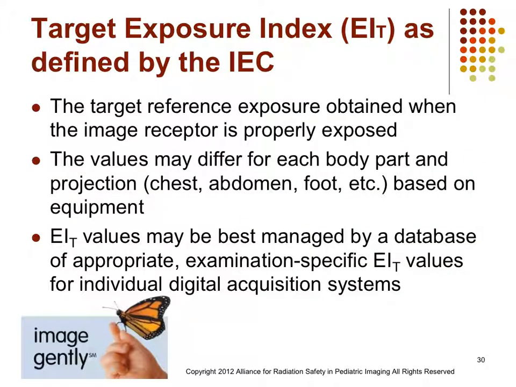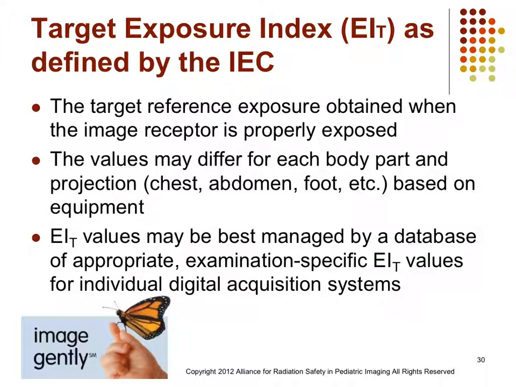So this conveniently brings us to our second term, which is EI sub T, or target exposure index. What this means is that there is going to be a gold standard for each projection for each thickness. So those ideal targets, what is acceptable, is going to be different for every body part. Whether that's a chest, abdomen, foot, finger, head, you name it, it's going to have its own unique value for what is acceptable.